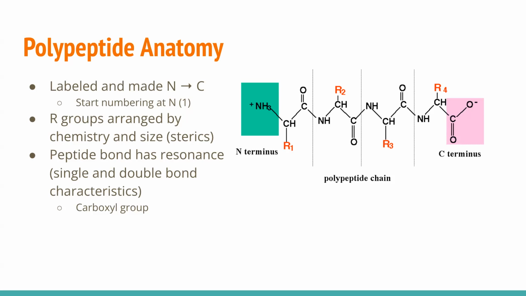They're just arranged in a certain way based on their chemistry and their size. And like John talked about, peptide bonds have resonance, the double bond characteristics, because of this carbonyl group. There's resonance between this double bond and the bond with the nitrogen in the peptide bond. And yeah, that's just a polypeptide. It's just a bunch of amino acids linked together by peptide bonds. Anything to add?